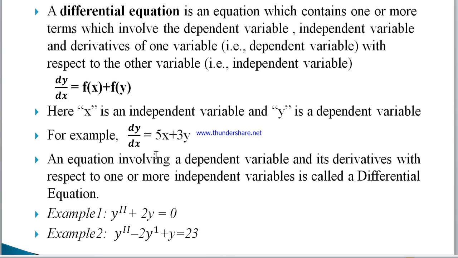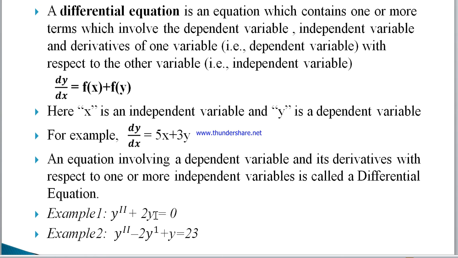There is another type of equation in differential equations: an equation involving a dependent variable and its derivatives with respect to one or more independent variables is also called a differential equation. It means that in this type of equation we have only the dependent variable and its derivatives, like y double dash plus 2y equal to 0, meaning d square y by dx square plus 2y equal to 0.